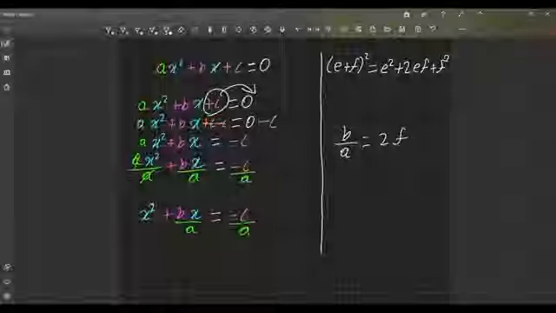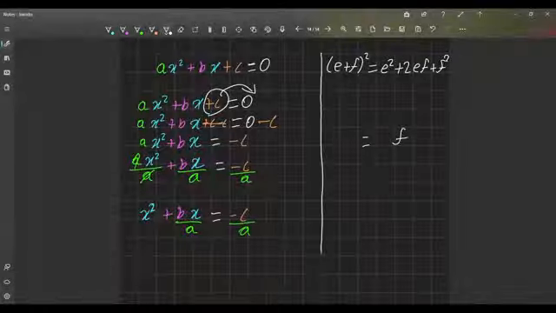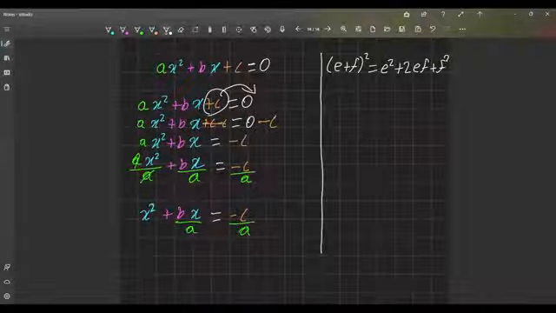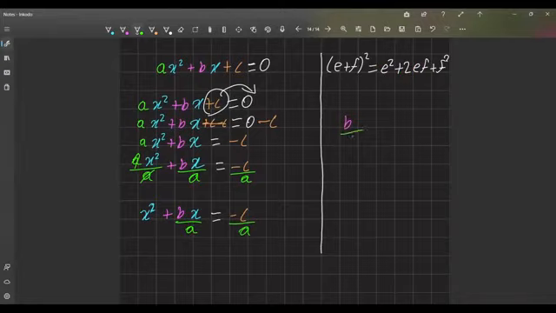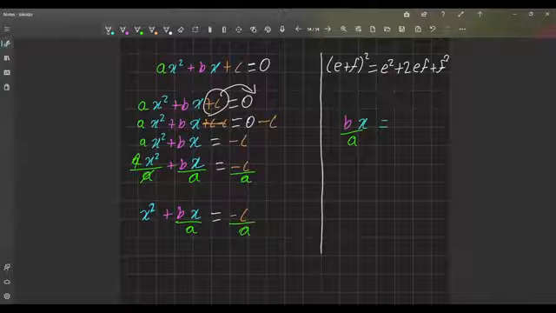Or rather, I'll write it with the colors so that it does not get confusing: b over a times x is equal to 2ef.